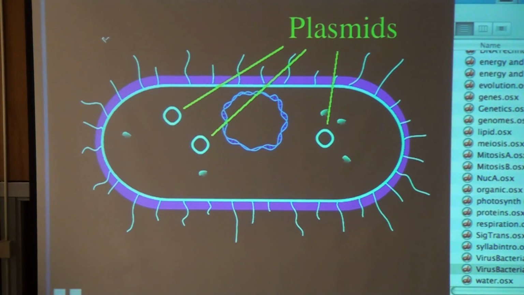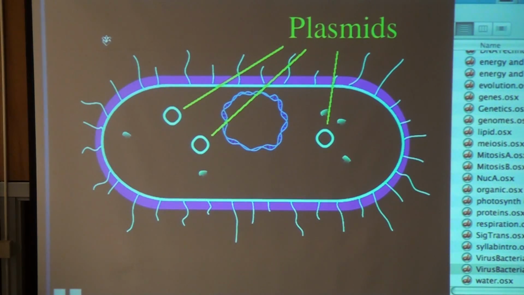And I might have mentioned this, that molecular biologists have found ways to use plasmids to help express human genes. They can take a human gene and attach it to a plasmid and then add that plasmid back inside bacteria, and then the bacteria becomes a factory for expressing that human gene.